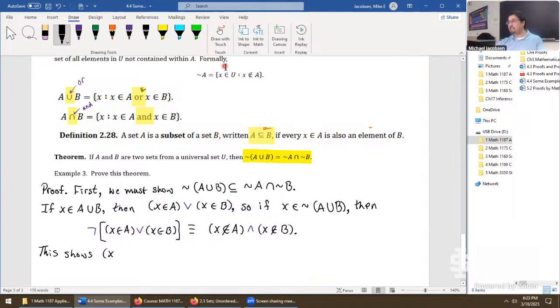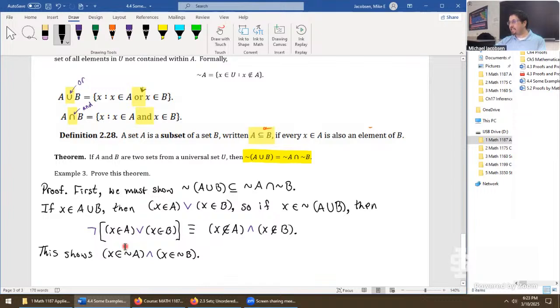Complement of A means all X's in the universe for which X is not in A. So the moment we said X is not in A, coming back over here, we can say X is in the complement of A and back over here, but now we're talking about X not being in B. This means X is in the complement of B.